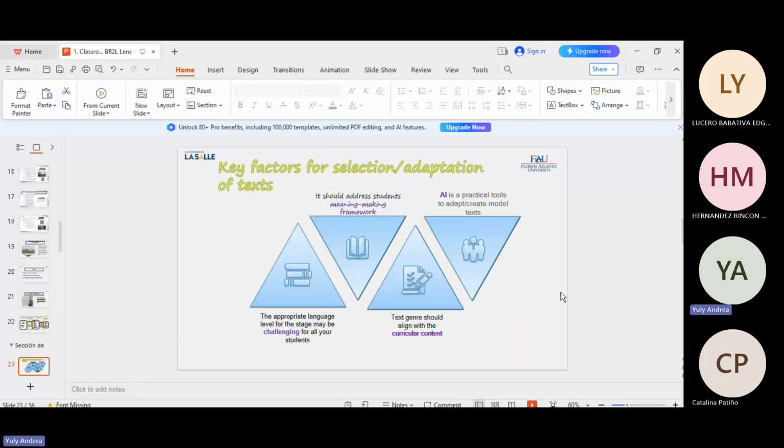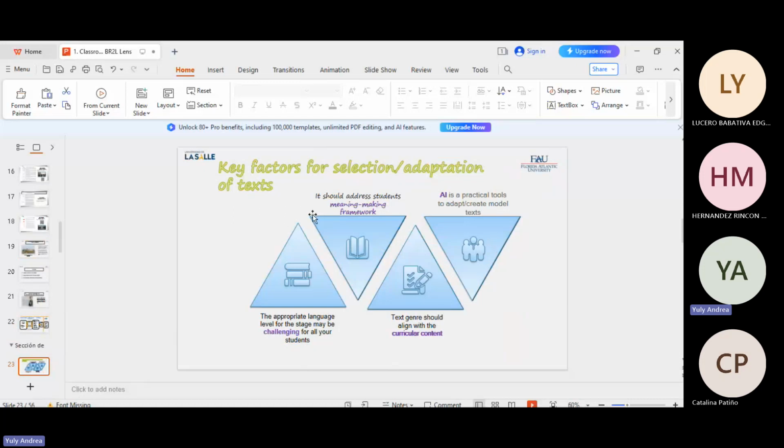The third thing is that the text genre should align with the curricular content. In my particular case, I just selected two kinds of genres, which were the description and protocol. And finally, you can use some tools, for example artificial intelligence, to adapt or select the text. So that is something that you can do.